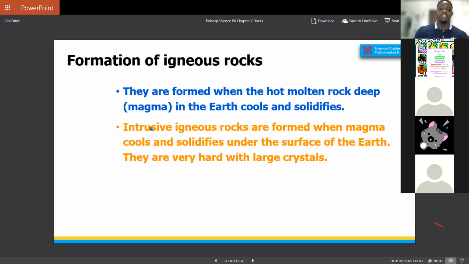Remember, the intrusive igneous rock does not come out of the ground. It is under the ground or under the surface of the earth. Okay, and also they have what we call large crystals. Large crystals, just like your ice.